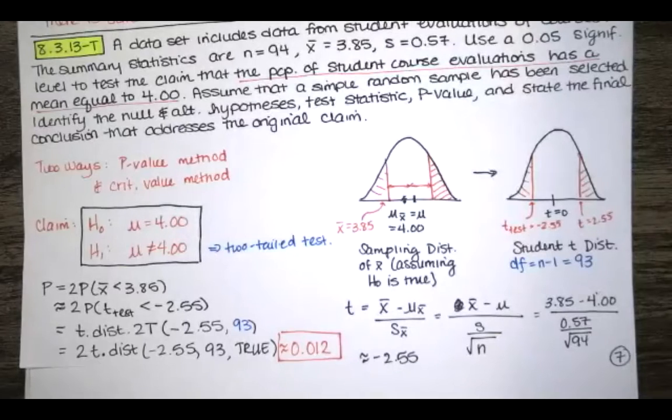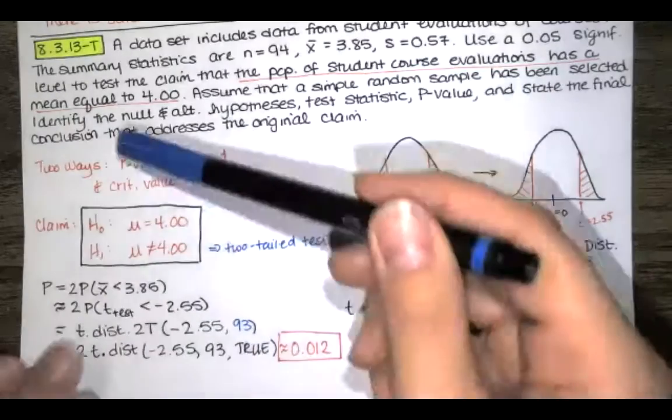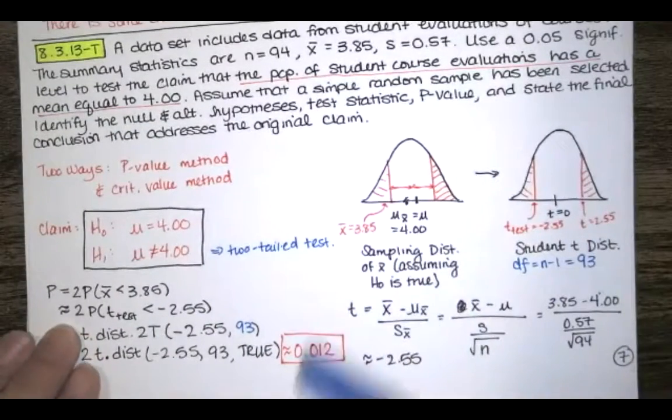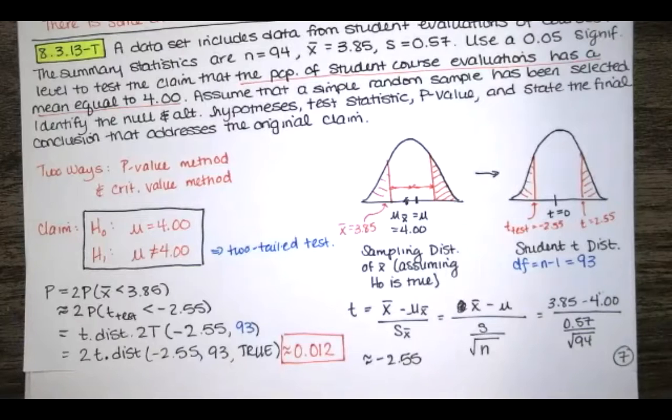Okay, so with the p-value method, we saw that we ended up rejecting the null. So we end up saying that there is sufficient evidence to conclude that the null hypothesis, which happens to be our claim, isn't true. We're going to get exactly the same result if we use the critical value method, and it's done in pretty much the same way. You need to identify the claim, use the claim to infer the alternative and null hypotheses.